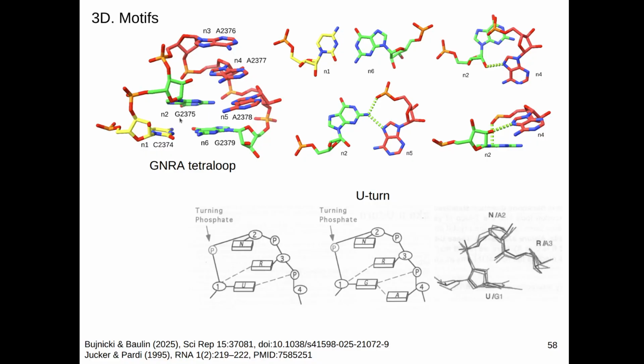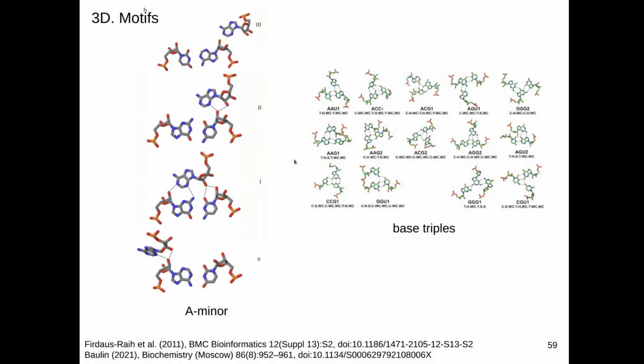And GNRA is a special type of U-turn where instead of uracil, the most common type, we have a guanosine, right? The geometry of U-turns and GNRAs, the resemblance here is uncanny. So we sometimes say that GNRA tetraloops include a U-turn as a sub-motif, right? So that's how it all works.